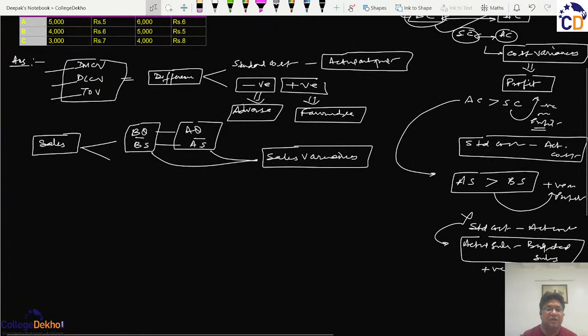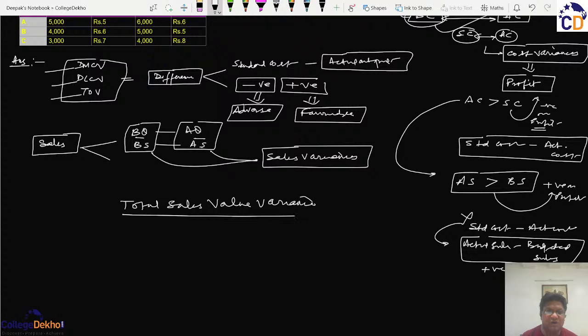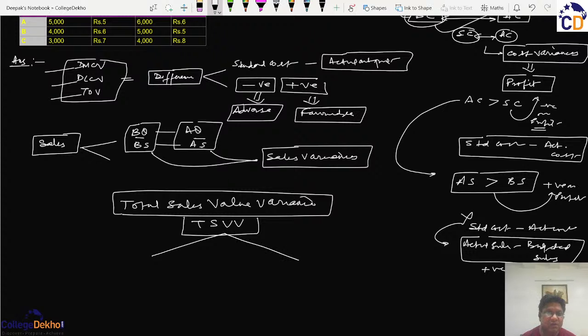Whenever we calculate the sales variances, there will be the concept of total sales value variance, normally known as total sales variance, shown by TSV. It arises primarily for two reasons: total sales quantity variance and total sales price variance.